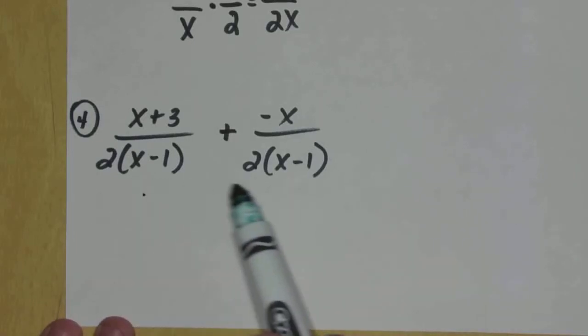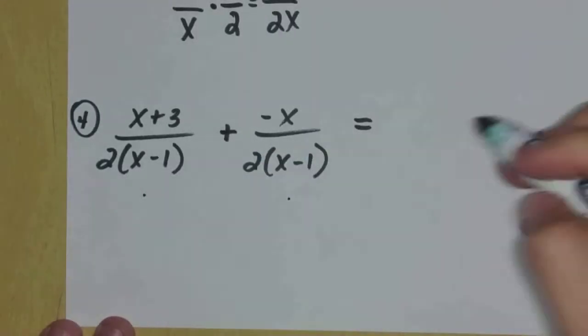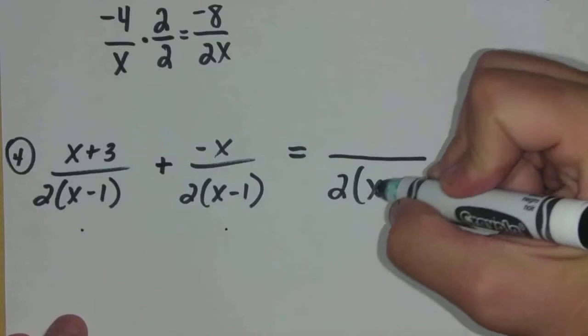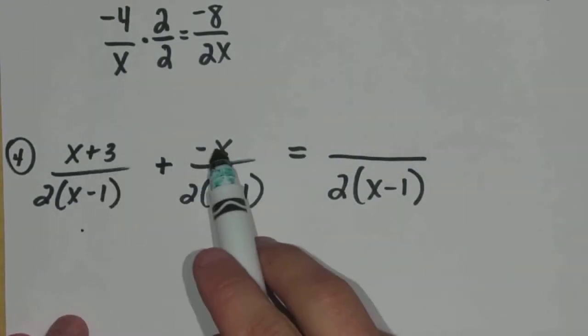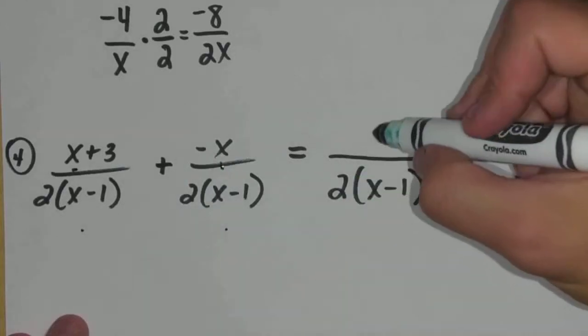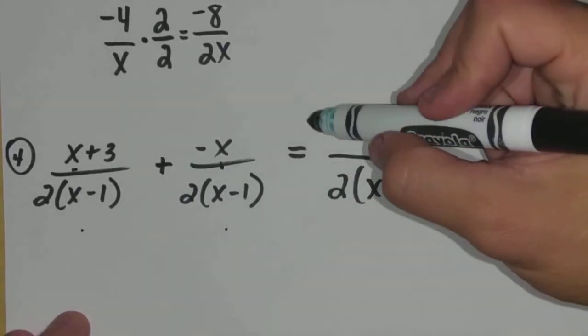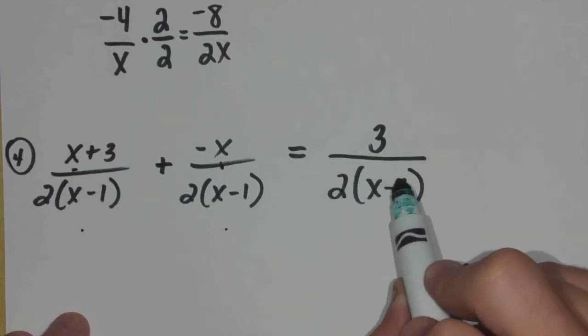What's nice is, again, I have common denominators, so I can just add right across now. Put my fraction bar, and my denominator stays the same. Now add like terms: x minus x, well, they cancel, which means I just have a 3.